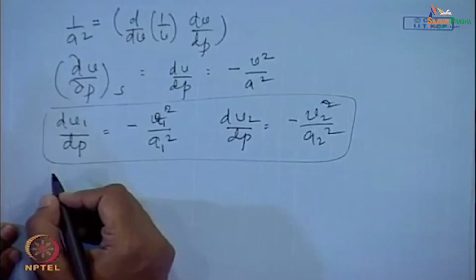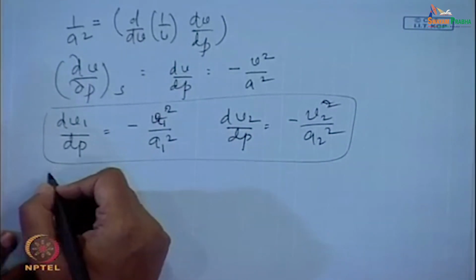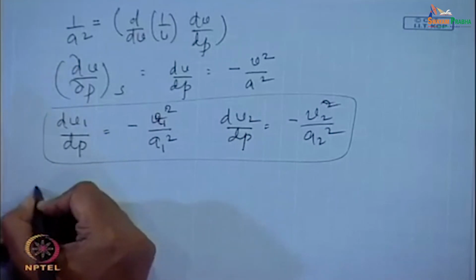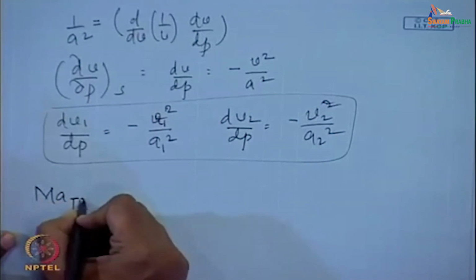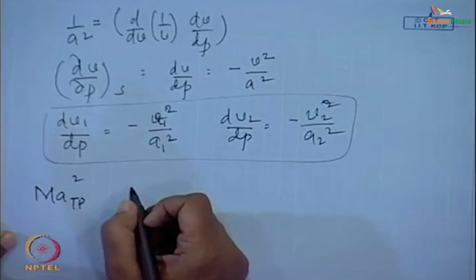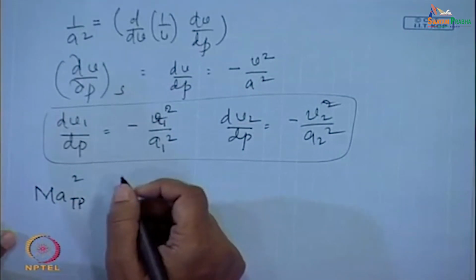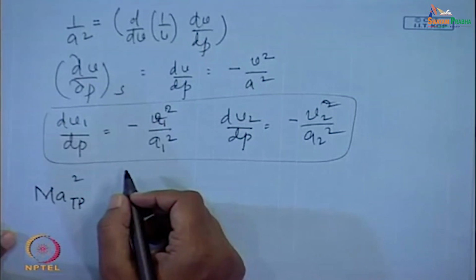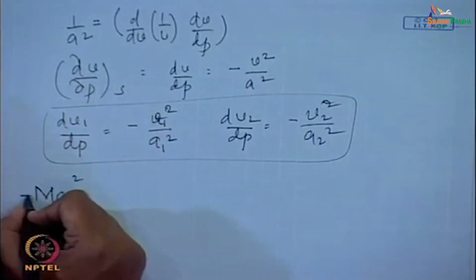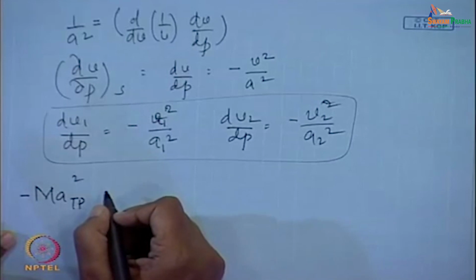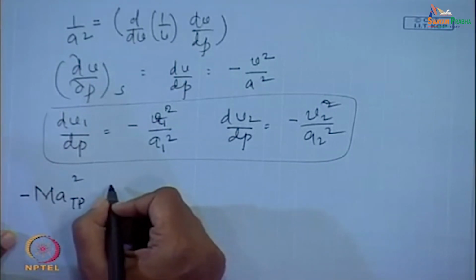If you make the substitutions, we get the Mach number of the two phase flow. Just make the substitutions and tell me what we are going to get. If I put minus M_TP square, then what are the things that I am going to get in this particular case?